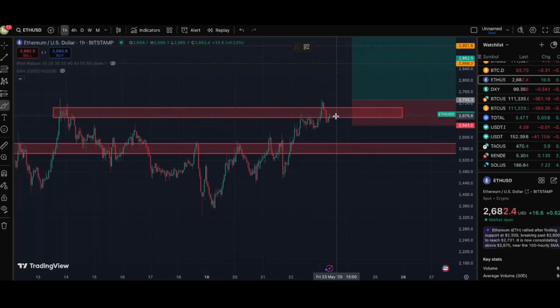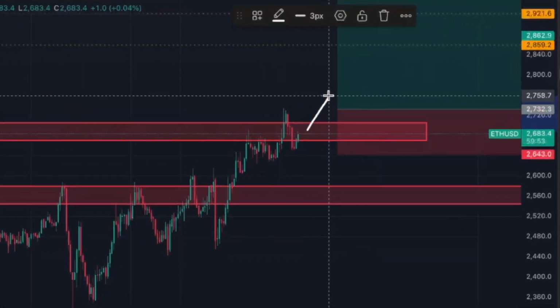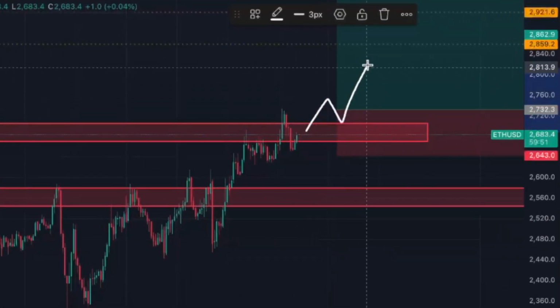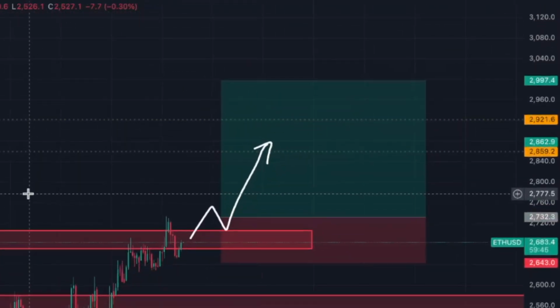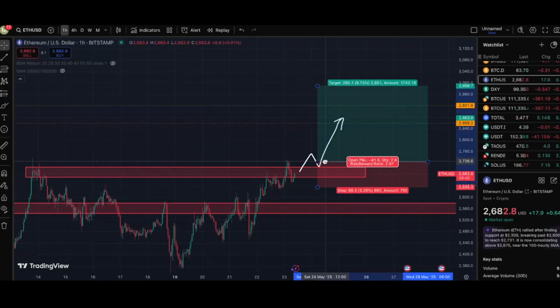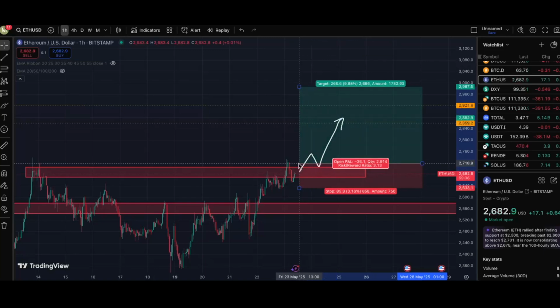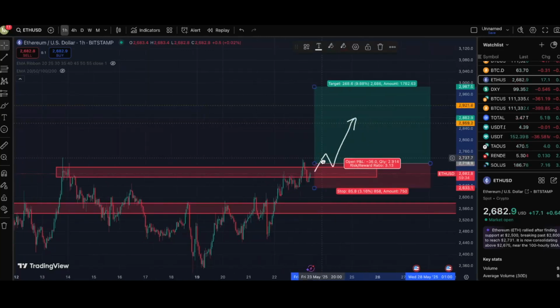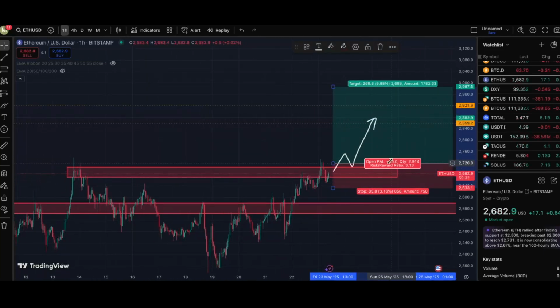Number one, we smash through, get a retest, and then go straight to the upside, which is exactly what we talked about in the last video yesterday about our trade setup. When we see the retest here, we can definitely enter a position on Ethereum. I already run a position in Ethereum.